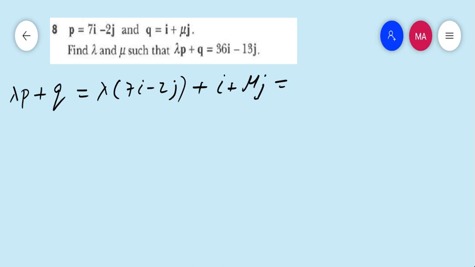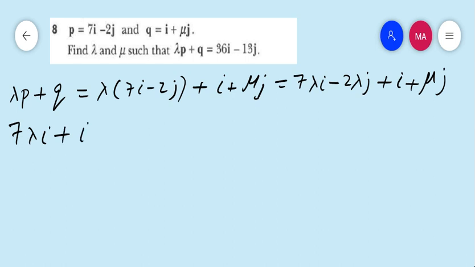So lambda into 7 is 7 lambda i. Lambda into 2j is minus 2 lambda j, plus i plus mu j. So 7 lambda i plus i, minus 2 lambda j plus mu j.